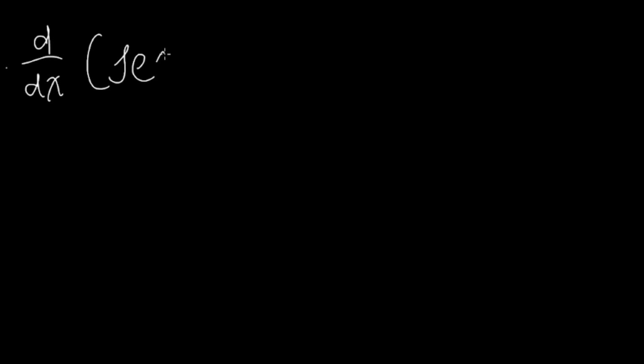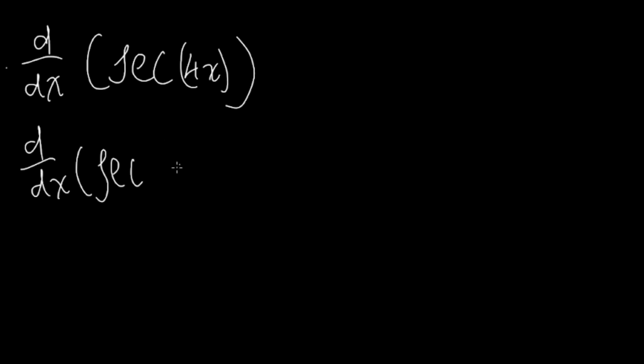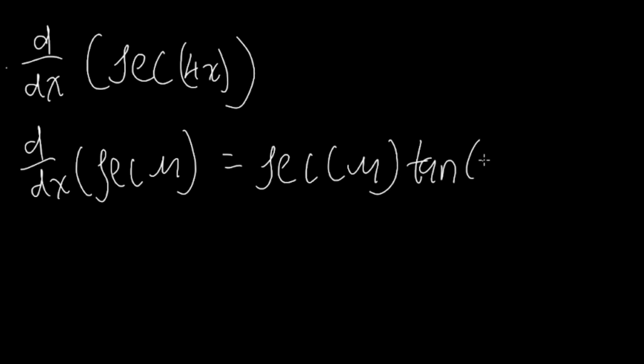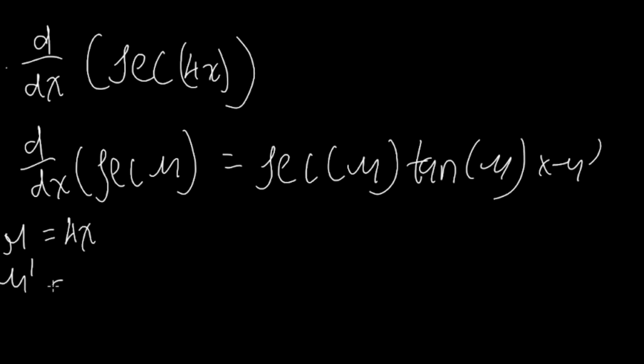So we know that the derivative of any secant u is equivalent to secant of u times the tangent of u times u prime, where in this case u is equivalent to 4x and u prime is just equivalent to 4, as we saw in the previous examples.